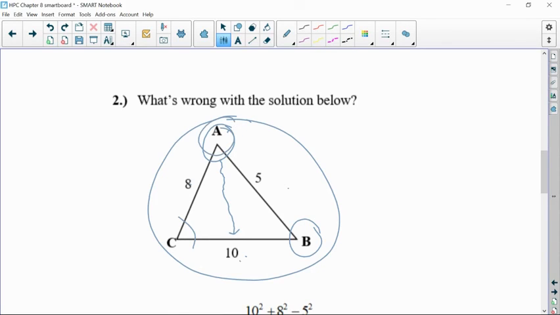If I would have solved for angle A first using law of cosines, I could have said, okay, cosine of angle A is equal to 8 squared plus 5 squared minus 10 squared, all over 2 times 8 times 5. If I would have solved for that one first, remember, law of cosines has no ambiguity. So if it was going to be obtuse, it would exactly give me the obtuse angle.